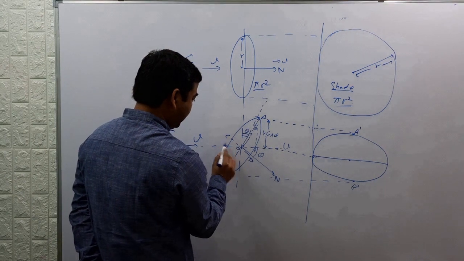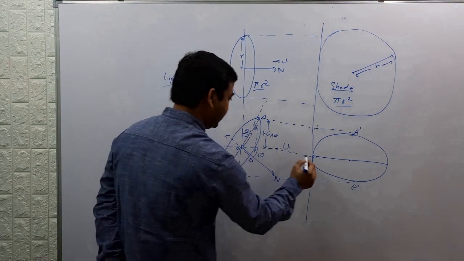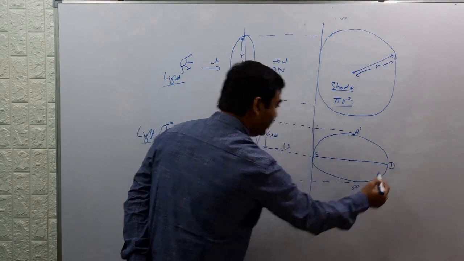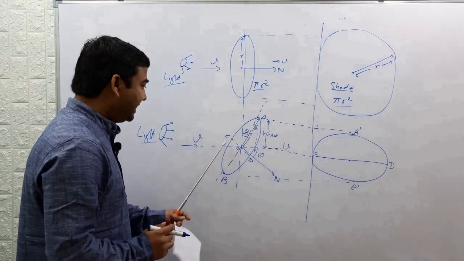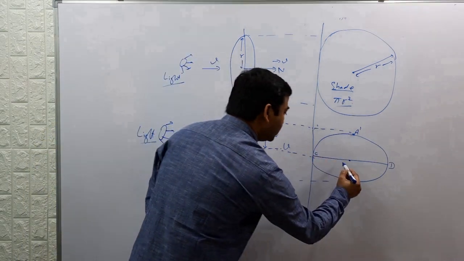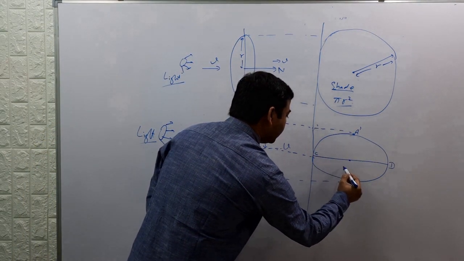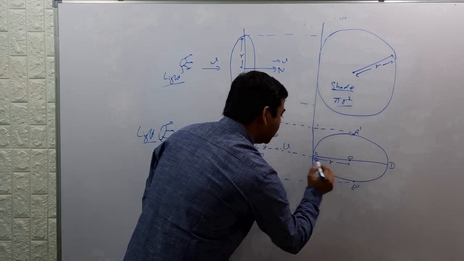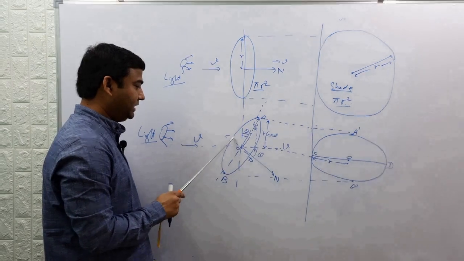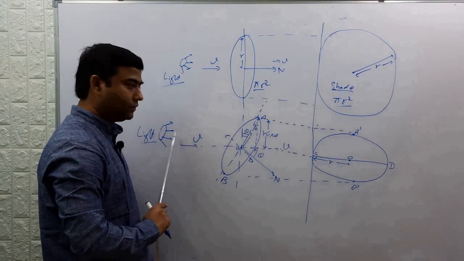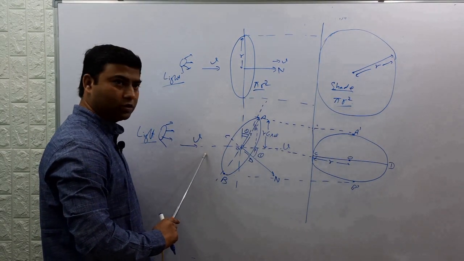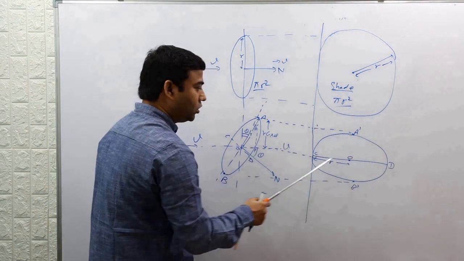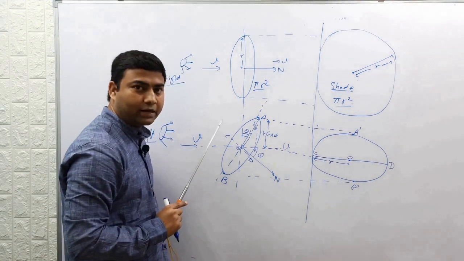So this is point C and this is point D. The length of CD is 2r, so this will remain the same. We can say O. So this length of this ellipse will remain the same because CD is still perpendicular to the direction of source of light or direction of velocity. Hence CD will have length 2r or OC will have length r.